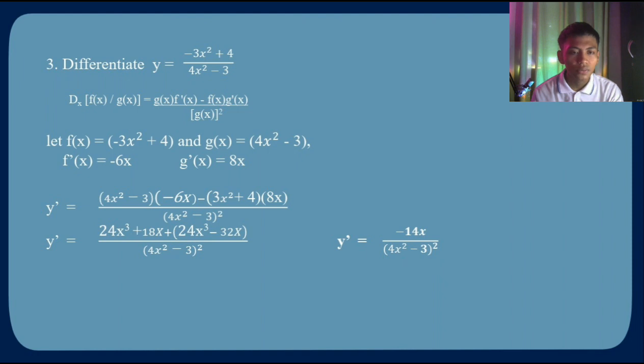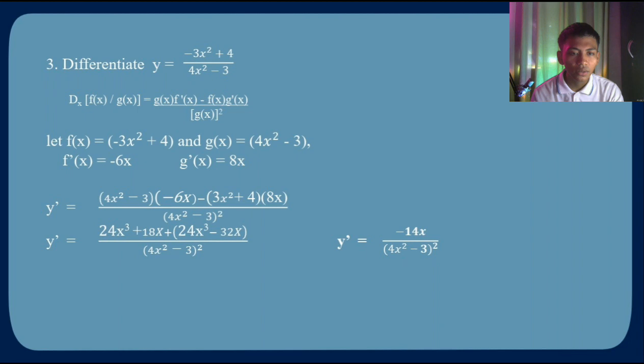Again, same process. We have to multiply, or use the FOIL method. Negative 6x times 4x squared is equal to negative 24x cubed, plus 6x times 3 is equal to 18x, plus 3x squared times 8x is equal to 24x cubed, and 4 times 8x is 32x.